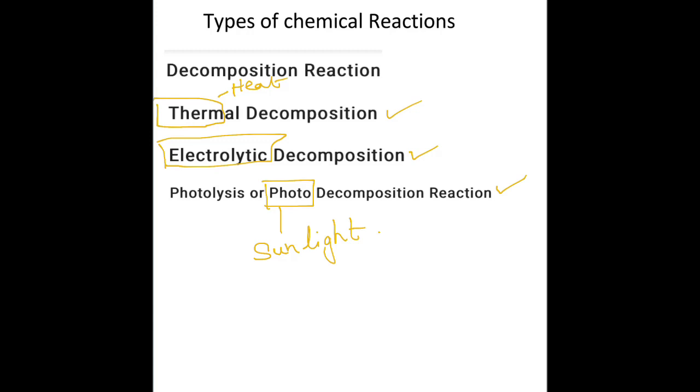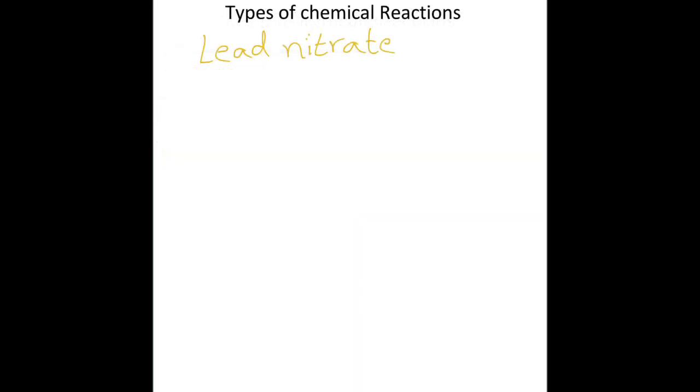Say there is a reactant AB. On further reaction, say on heating, if it splits into A plus B, we call such reactions decomposition reactions. The best example is lead nitrate, Pb(NO3)2, which is a solid in nature.